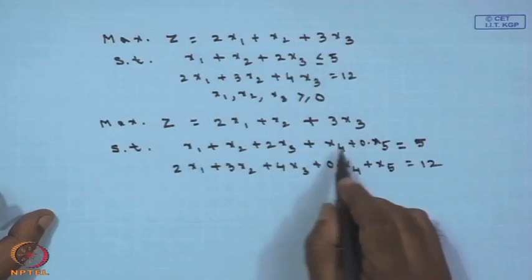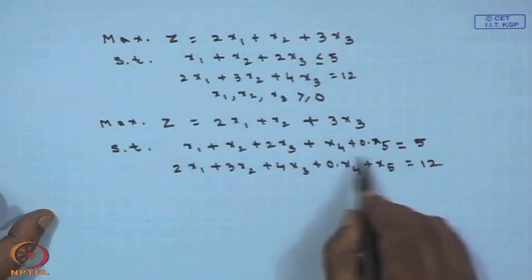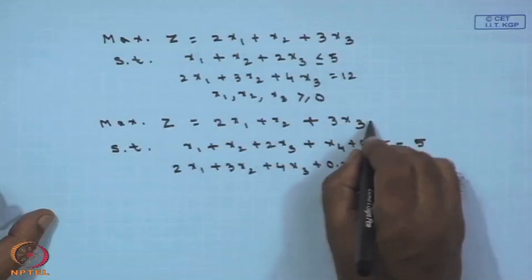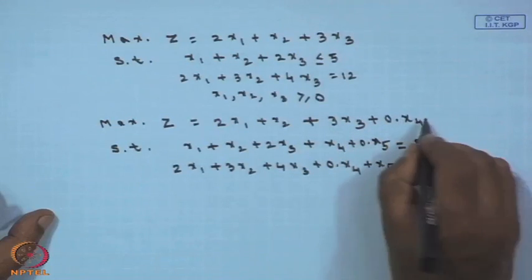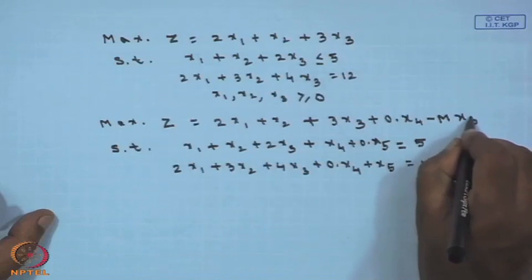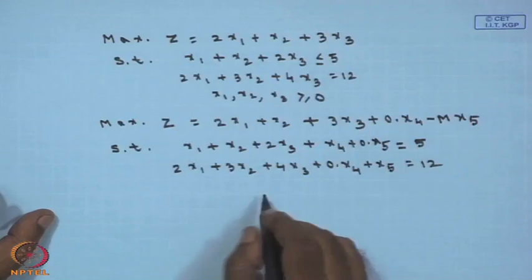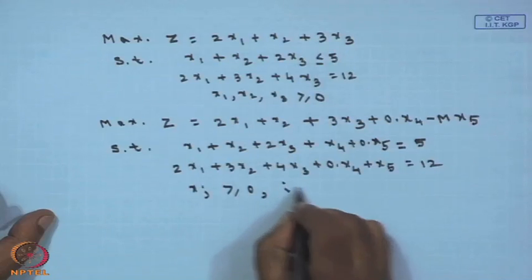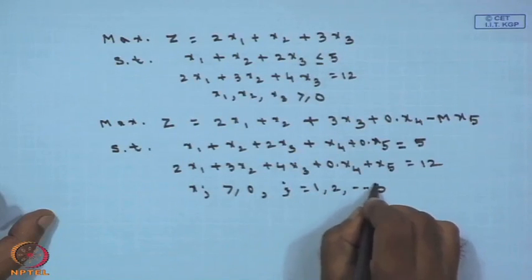So here it will come 0 into x 5, so that this portion becomes the identity matrix and we will get the initial basic variables as x 4 and x 5. With 0 into x 4, and since x 5 is the artificial variable, one big penalty is introduced and it becomes minus M into x 5, where x j is greater than or equal to 0, j equals 1 to 5.